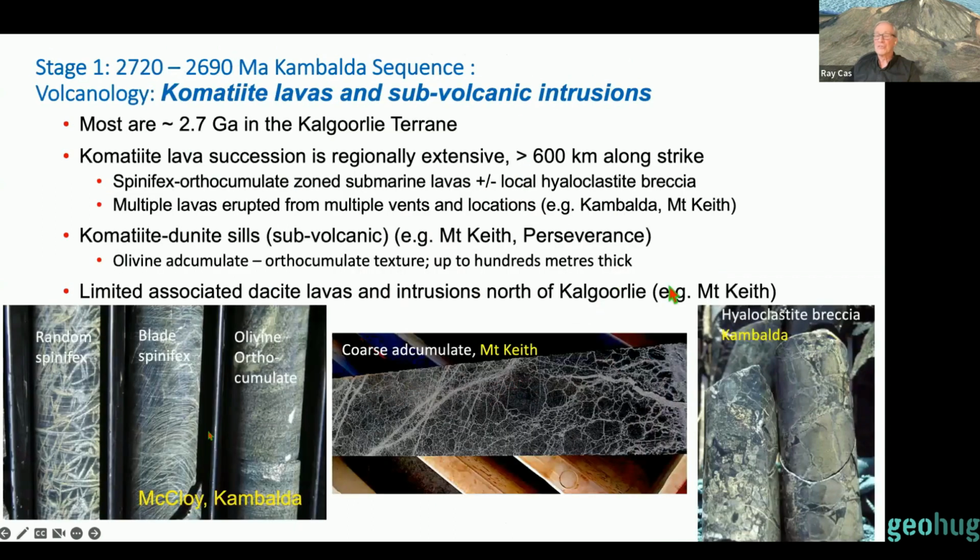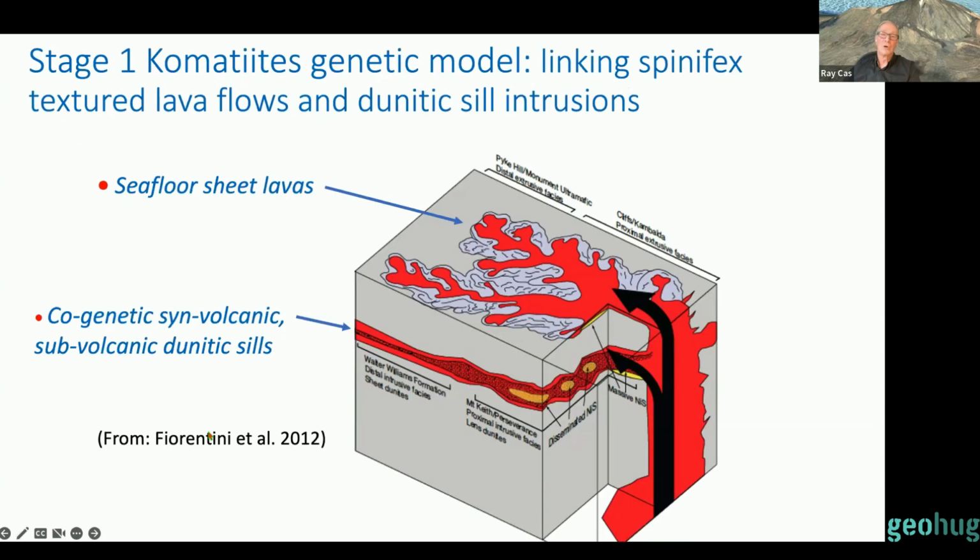Understanding these different facies is important because they do contain different styles of nickel sulfide mineralization. So the Komatiites are the principal source of nickel sulfide on Earth today, largely from the Archean, in both the seafloor lavas and the sills.